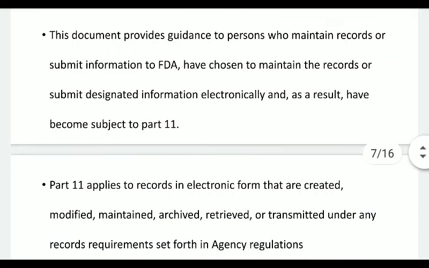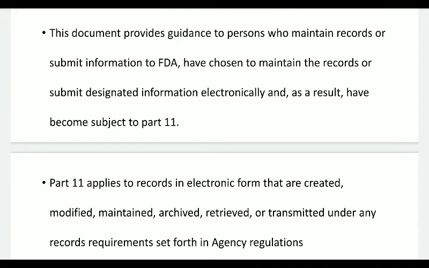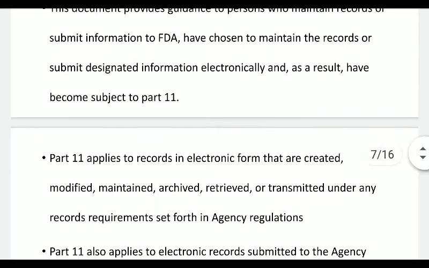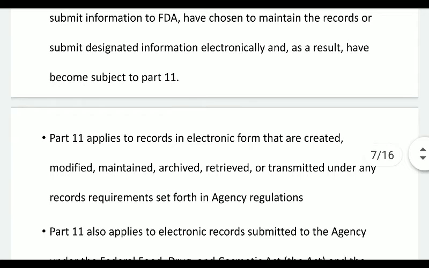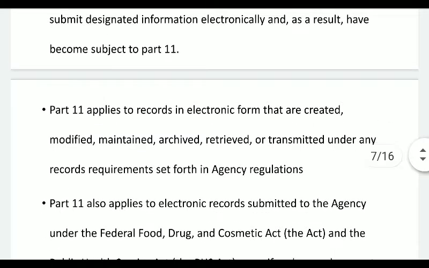This document provides guidance to persons who maintain records or submit information to FDA, have chosen to maintain the record or submit designated information electronically, and as a result have become subject to part 11.